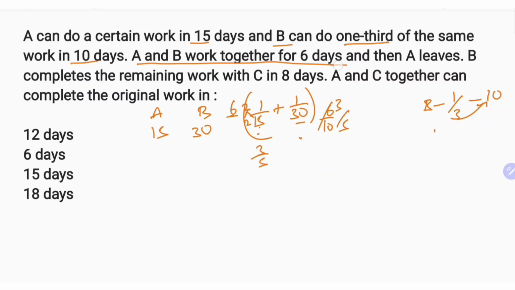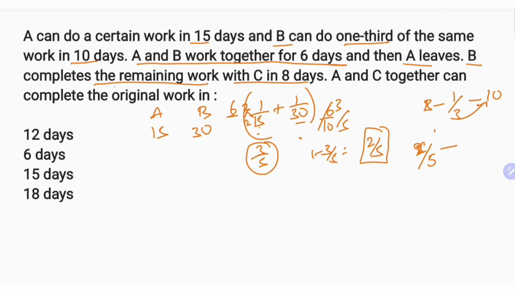Clear? And then A leaves, B completes the remaining work. What is the remaining work of 3/5? 1 minus 3/5, that is 2/5. It is the remaining work done by B with C in 8 days.